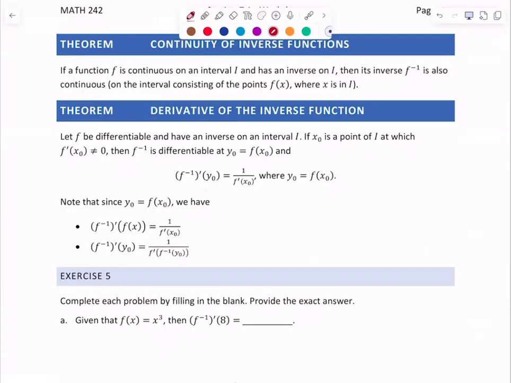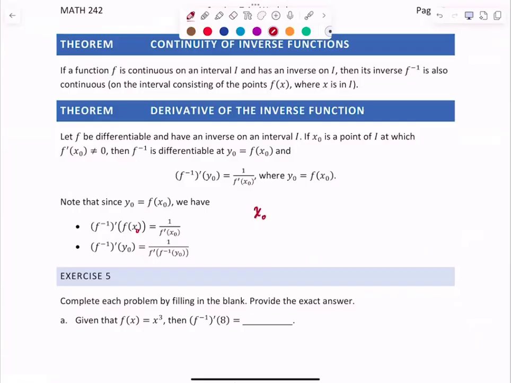Sorry, this should be y sub 0. No, x sub 0, sorry, x sub 0. I missed the 0 there. Okay, so what's f of x sub 0? Y sub 0. Okay, so let's draw it out.